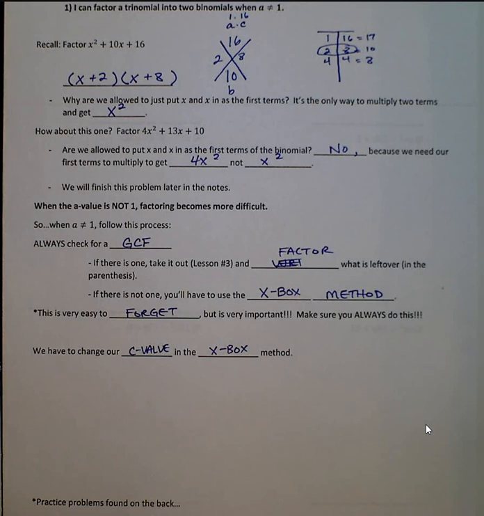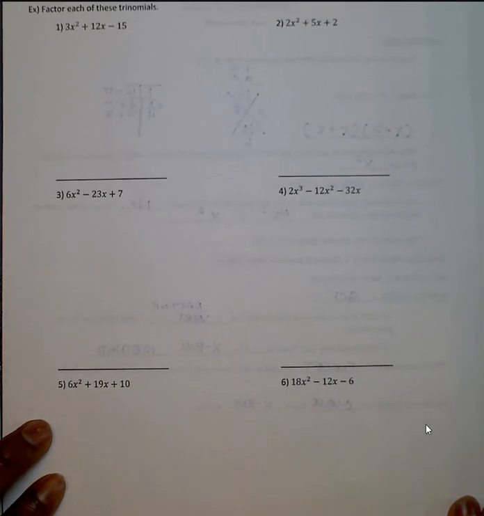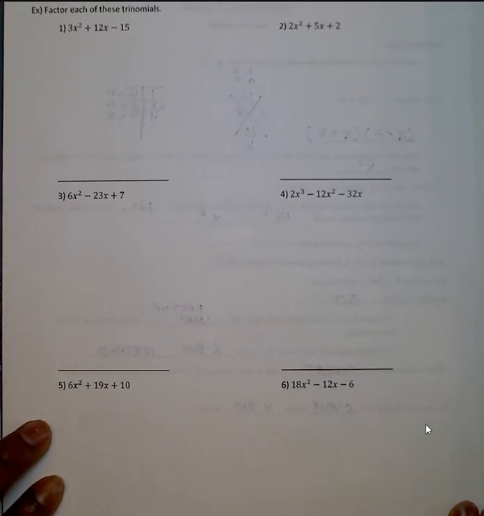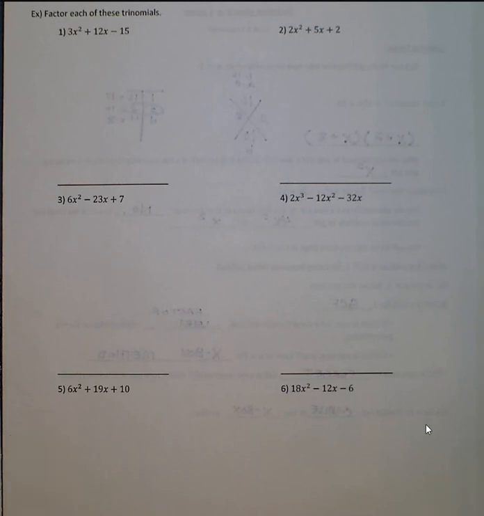We'll do some practice problems on the back. Really, we aren't changing our c value because we've already built into our Xbox method what the c value should be. But this time it'll be a little bit different than the c that's written on the page, possibly.